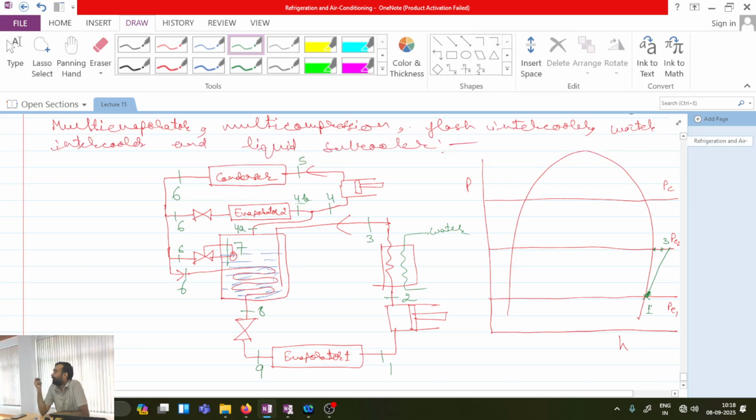Ideally, the exit of the evaporator should be saturated vapor, so 4B will also coincide here. Now, if two states with the same enthalpies are mixing together, then the resultant enthalpy will also be the same. So point 4 will also be here. This represents 4A, 4B, and 4. All 3 points are, under ideal conditions, coinciding on the saturated vapor state. Is this point clear?